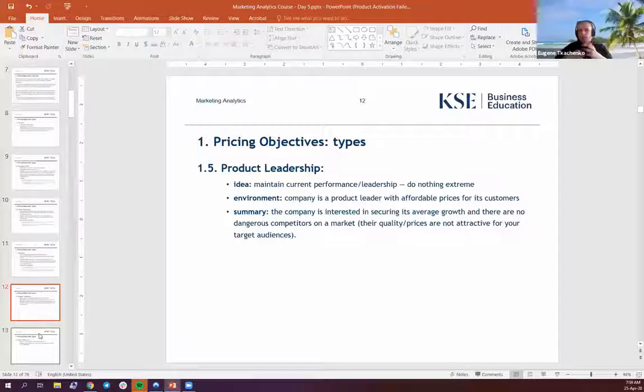So that's why when we're talking about product leadership, we are talking about companies whose list of services is the number one across the market and across their competitors.